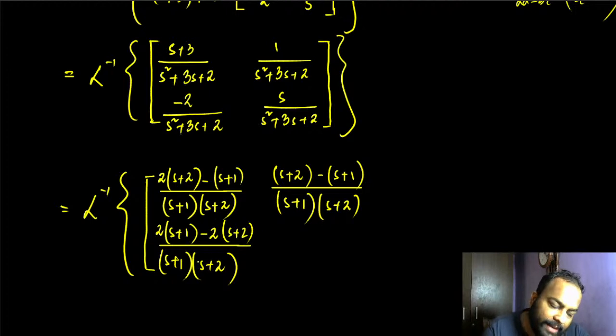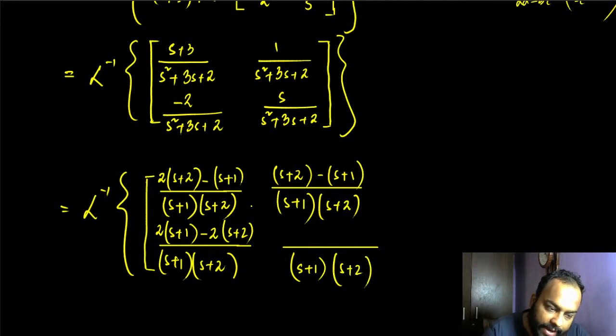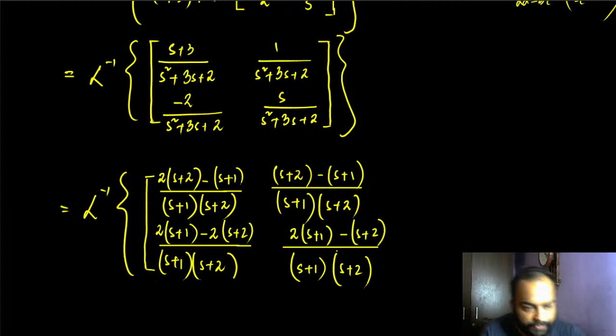You see, once again, in terms of the factors of the denominator, we have written the numerator. This is going to be (s plus 1), same thing, (s plus 2), and here the numerator we can write as 2 times (s plus 1) minus (s plus 2).